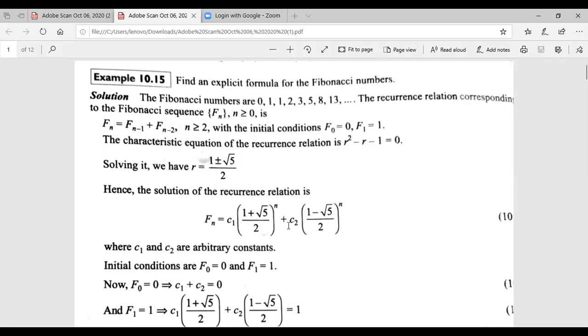If the roots are complex numbers, the solution is R power n into C1 cos n theta plus C2 sin n theta. So these are the cases arising when finding roots of the characteristic equation.